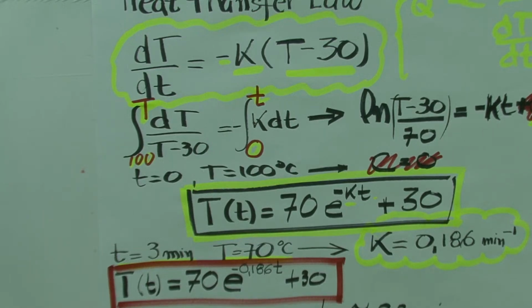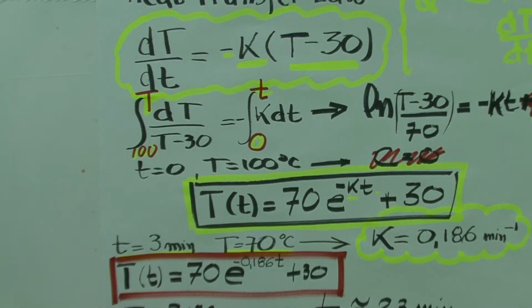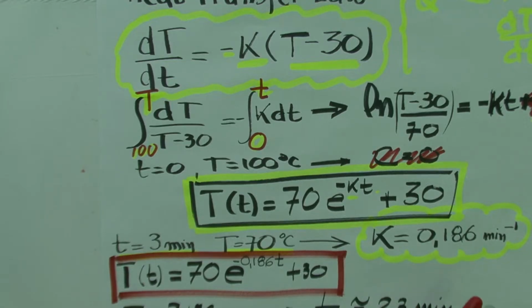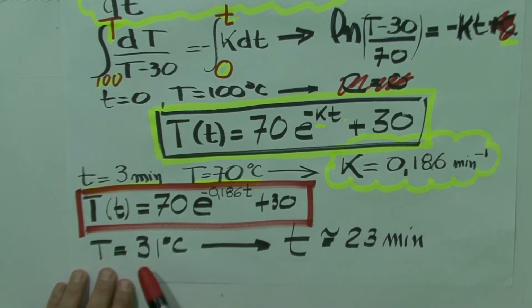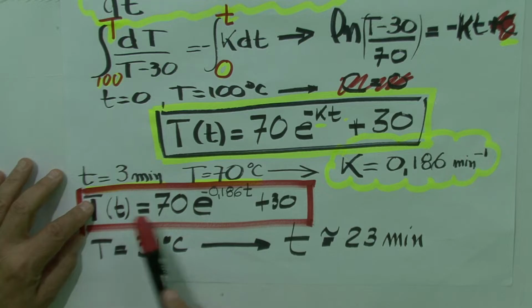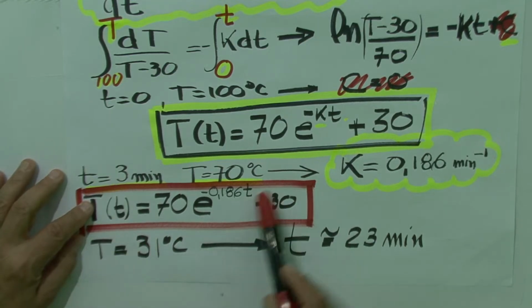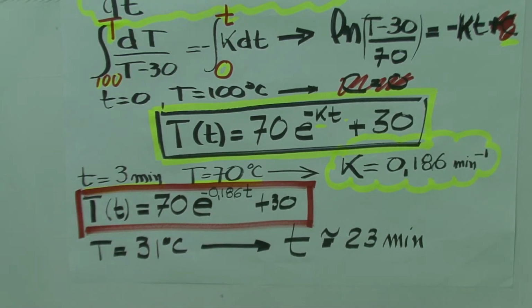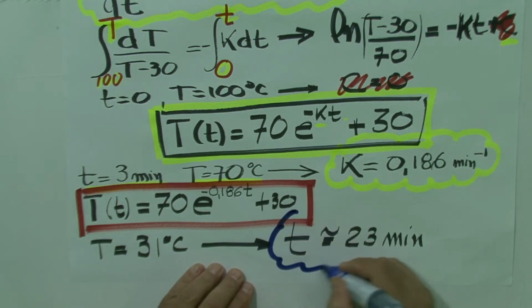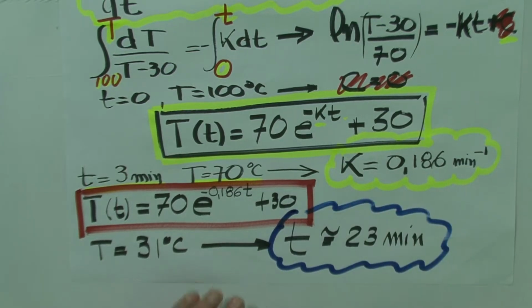And then I can ask, when T is equal to 31, what is the time? And then I find the answer: when T is equal to 31, I pass it here, this is 1, I take the logarithm and find out that the solution of the question of my problem is t equal to 23 minutes.